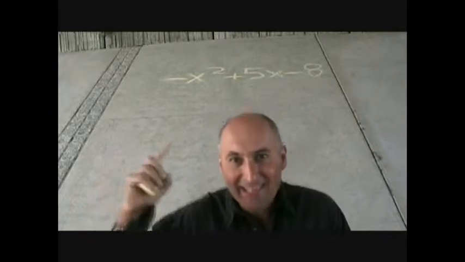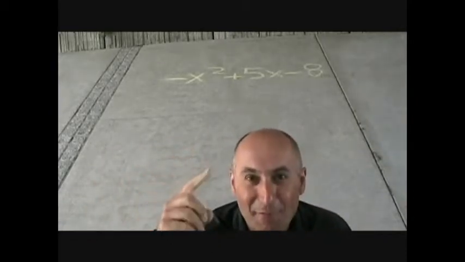So let's do one where the discriminant inside the root symbol is going to be negative, and this is one where 100% we would have to use the quadratic formula because we don't know how to do it manually, right? That says negative x squared plus 5x minus 8, right?